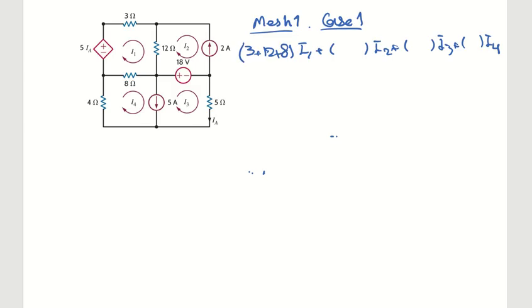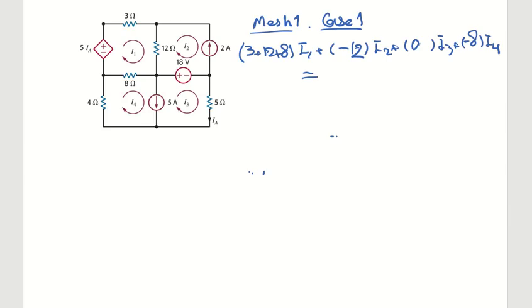The coefficient for all other currents is what is shared between this mesh and the other meshes. Mesh number 1 and mesh number 2, the 12 ohm resistor is shared, so you write that with a negative sign. Mesh number 1 and mesh number 3, nothing is shared, so the coefficient is 0. Mesh number 1 and mesh number 4, the 8 ohm resistor is shared, so I write that with a negative sign.